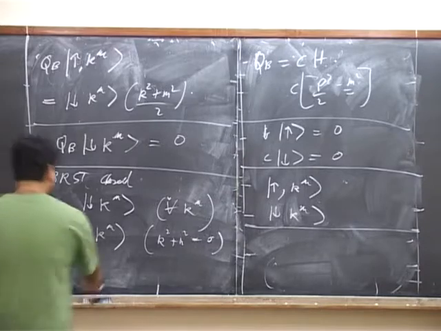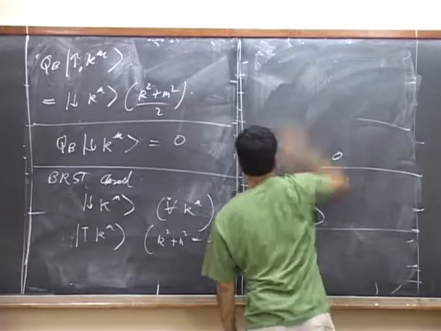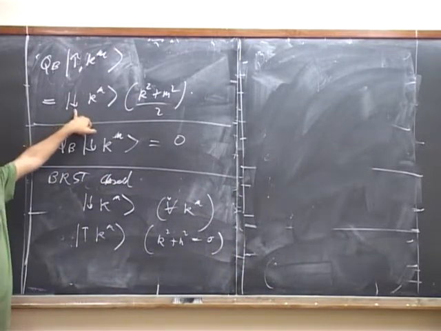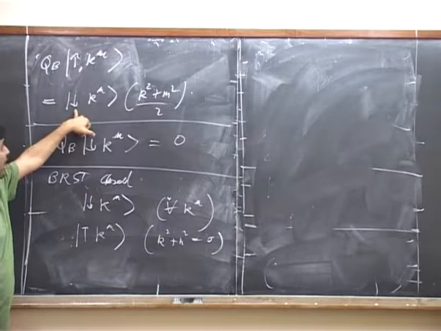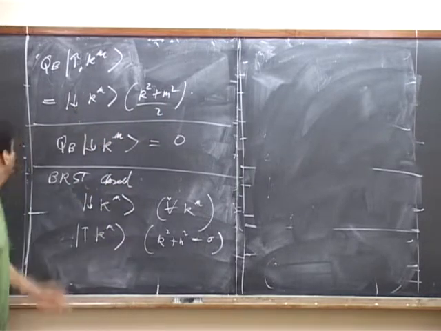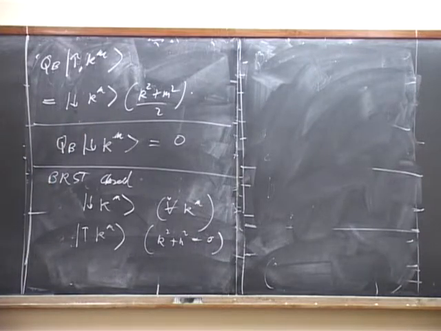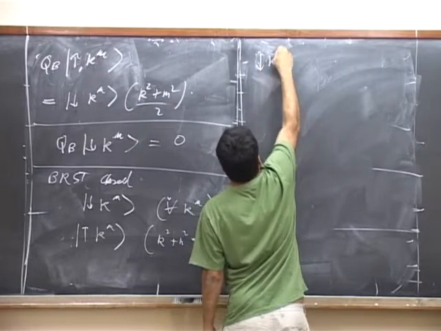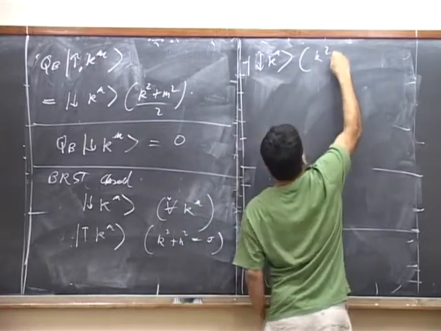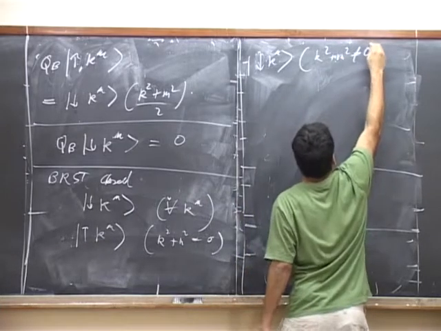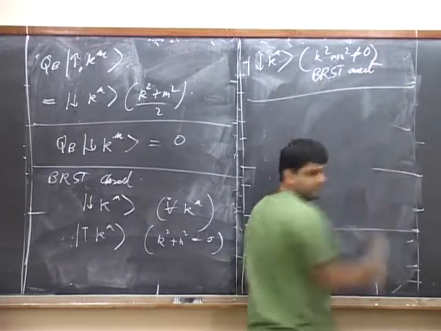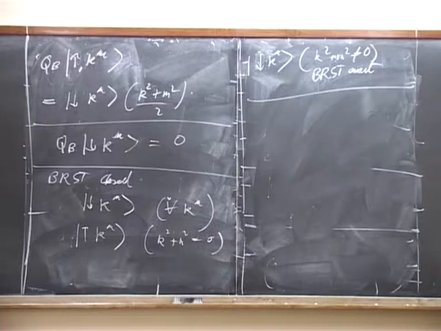Okay, now how many of these states are BRST exact? Let's look at this equation here. You see, every state of the form down K mu that doesn't have K squared plus M squared equal to 0 is Q_B on something. So down K mu with K squared plus M squared not equal to 0 is BRST exact. Okay?